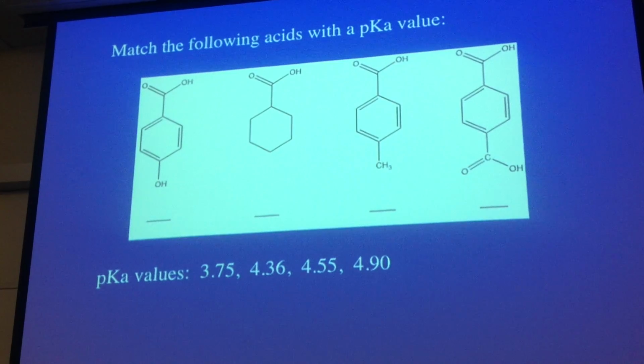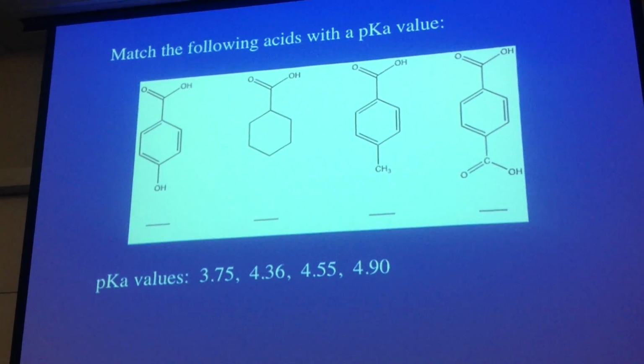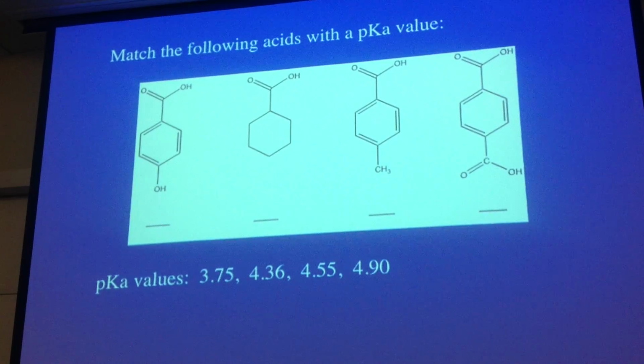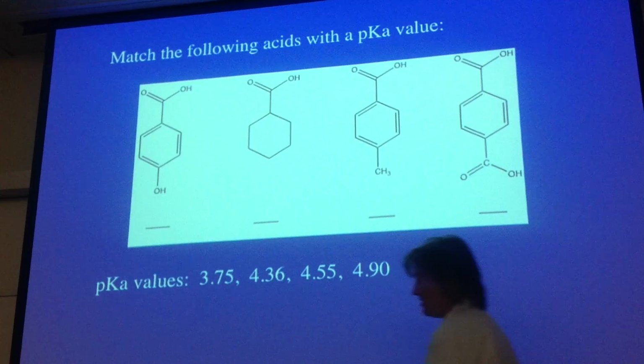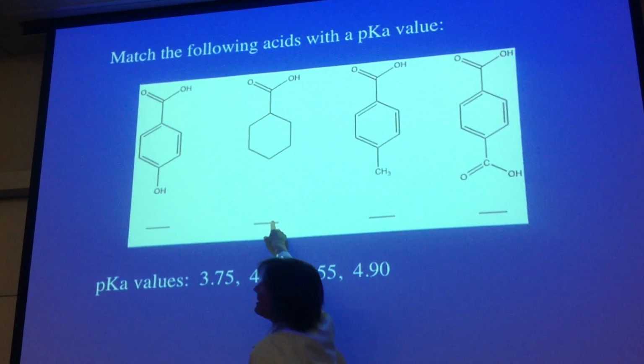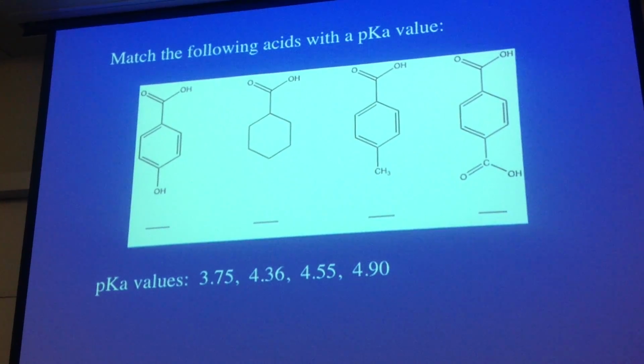Yeah, the cyclohexane, because you don't have any resonance structures. The benzene ring is somewhat electron withdrawing, and the cyclohexane doesn't have that. And so the number that corresponds to cyclohexane carboxylic acid is the 4.9. So we've got the two extremes.